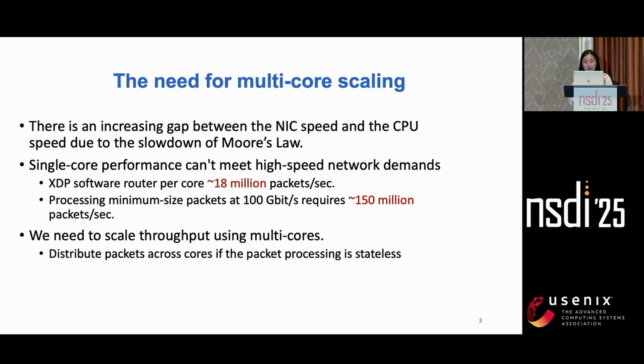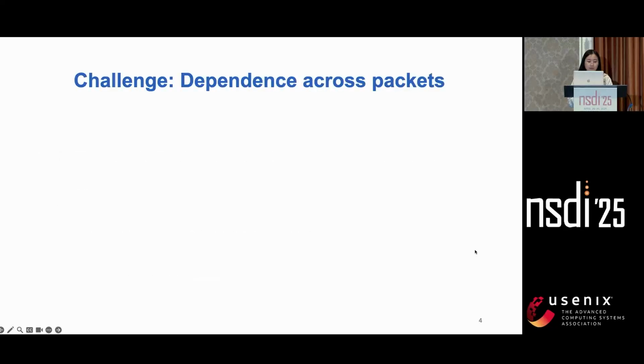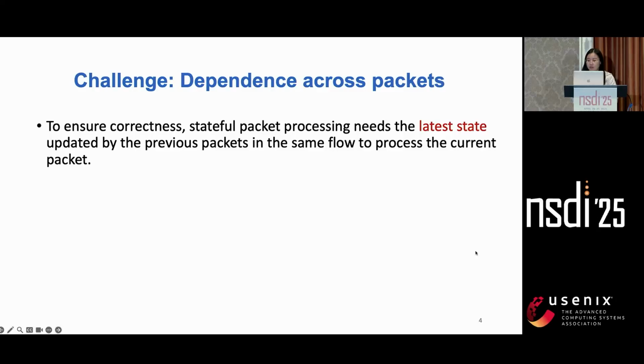If the packet processing is stateless, it might be easier because we just need to distribute packets across cores. Now the question is, what if the packet processing is stateful? Scaling stateful packet processing is challenging because of the dependence across packets.